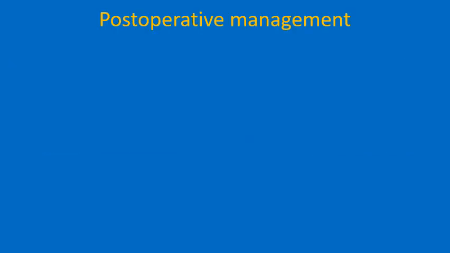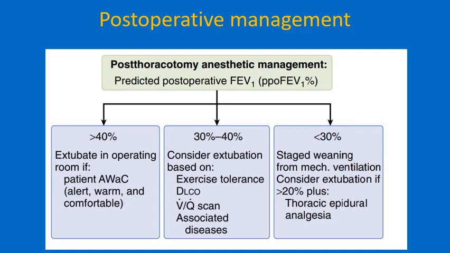Now coming to postoperative management. Postoperative management is based upon the preoperative FEV1 value. If it is more than 40%, then we can extubate on the table, provided the patient is awake, warm and comfortable.